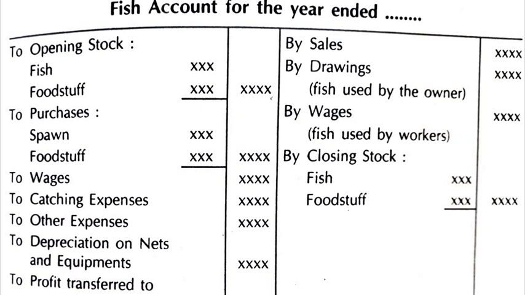You can also use the farm for dairy activities, that is, maintaining animals, for which the profit or loss can be analyzed with the help of dairy products like milk, butter, cheese, and so on. How a cattle account is prepared is what we have seen in the previous class.